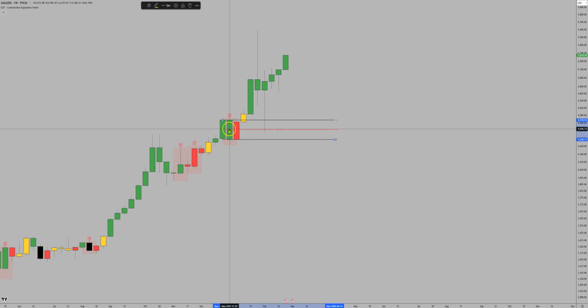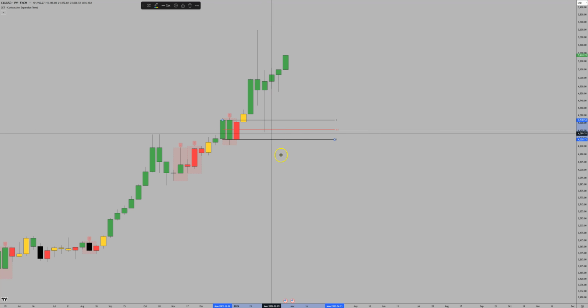But if we have never retested the 50% of the last contraction on the weekly, this level here, you should always mark it up so you have it on lower time frames. So if you get a market that comes down to 50% and you have a setup with your system here, go long.